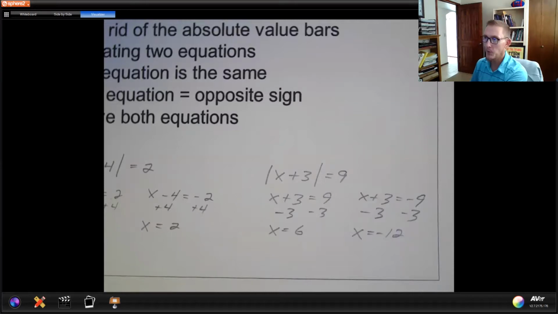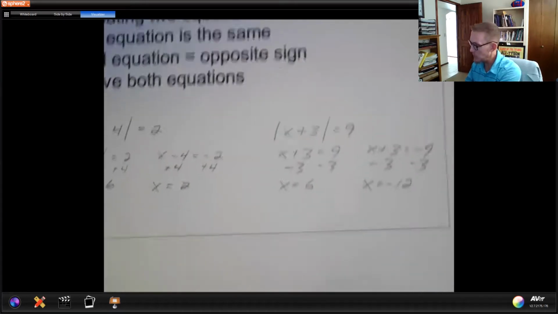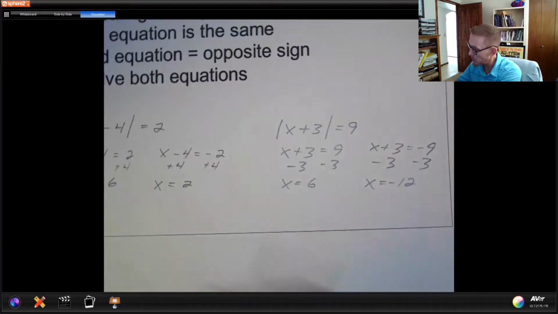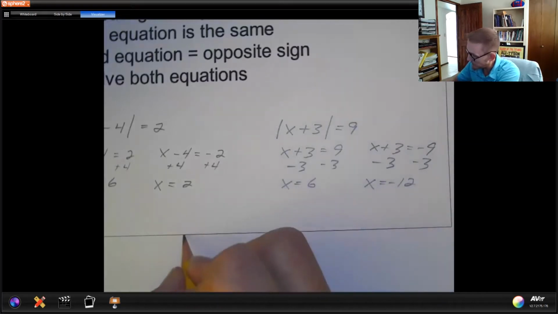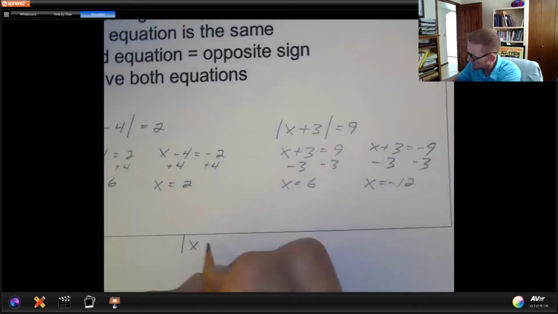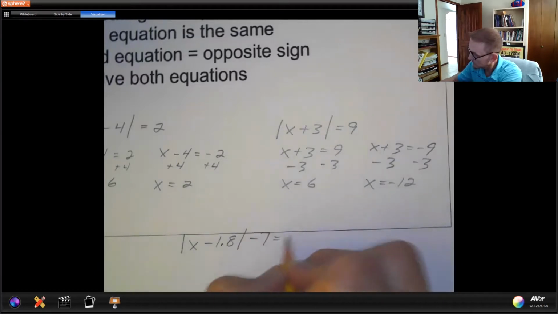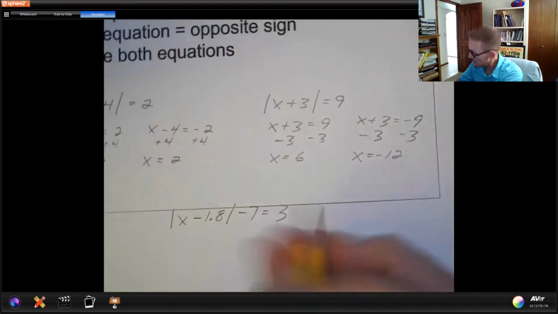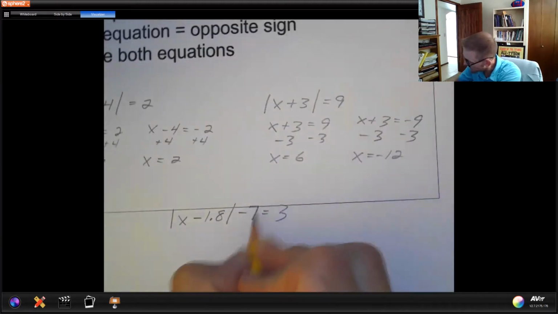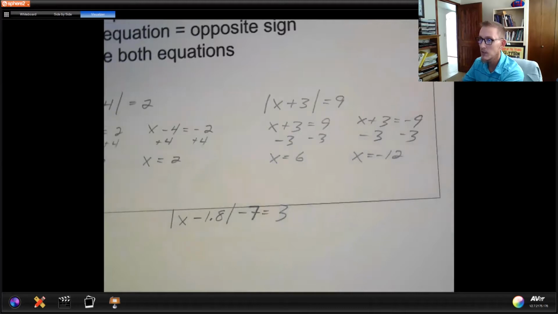One final example here for absolute value equations, and that's what happens when the absolute value bars aren't alone. And we'll take a look at a couple different things when we do this. So let's take this here. Probably should have steered clear of that line a little bit there. So in the absolute value bars, x minus 1.8, minus 7 equals 3.